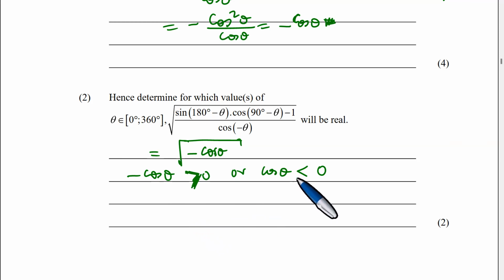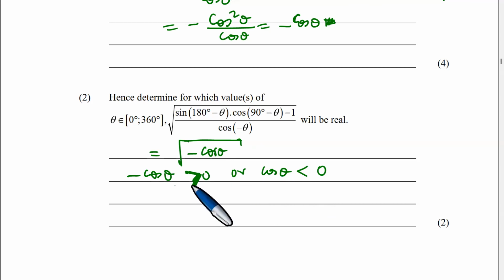Ordinarily we can take the square root of 0 and of larger numbers, but because the cosine is in the denominator, we can't allow it to be 0, so I'm just saying it's strictly bigger than 0.